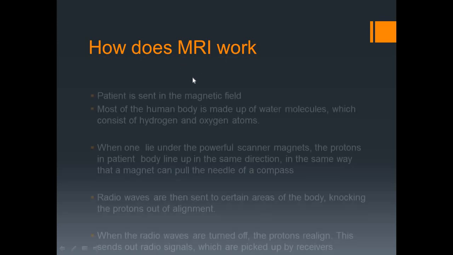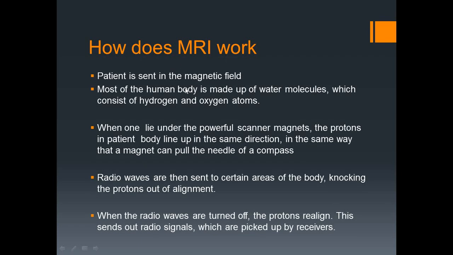How does MRI work? The patient is sent into the magnetic field. Most of the human body is made up of water molecules, which consist of hydrogen and oxygen atoms. When one lies in the powerful magnets, the protons in the patient's body line up in the same direction, in the same way that a magnet can pull the needle of a compass.